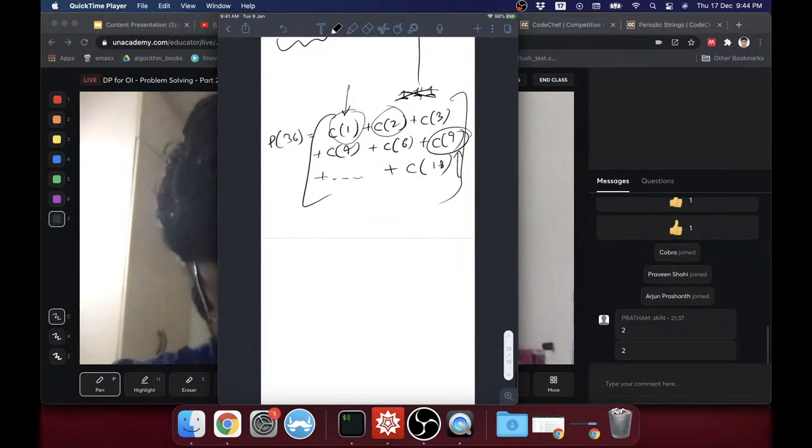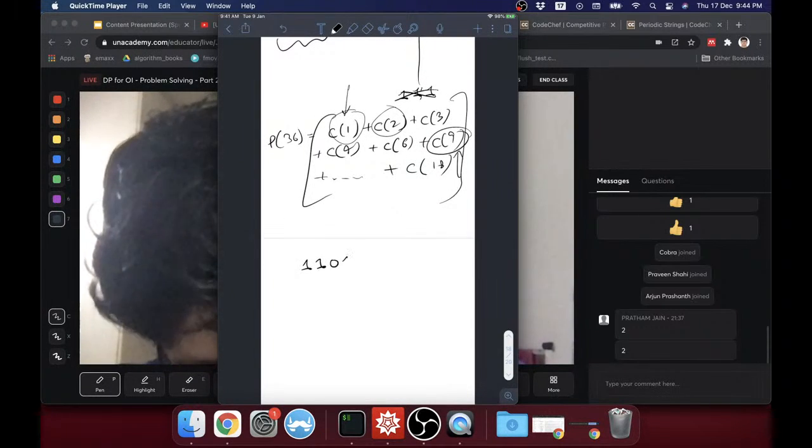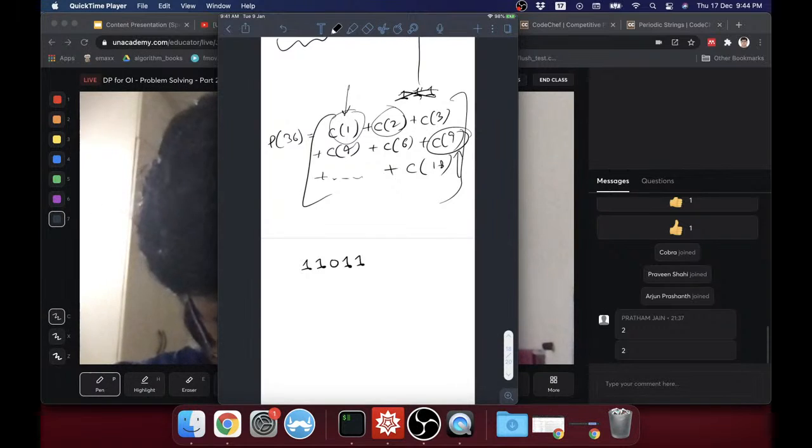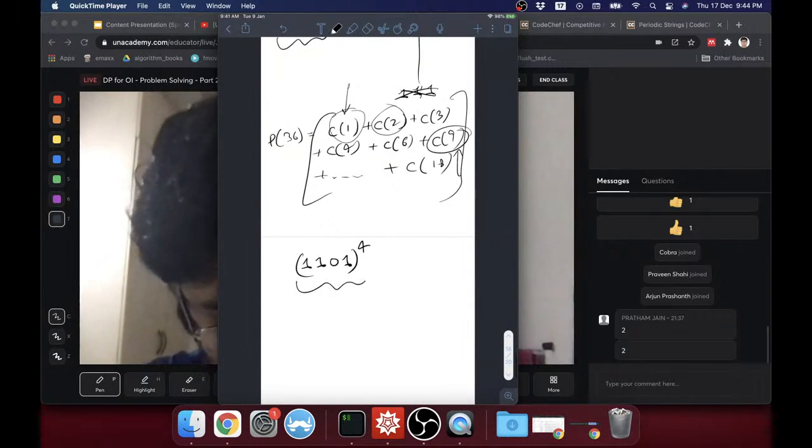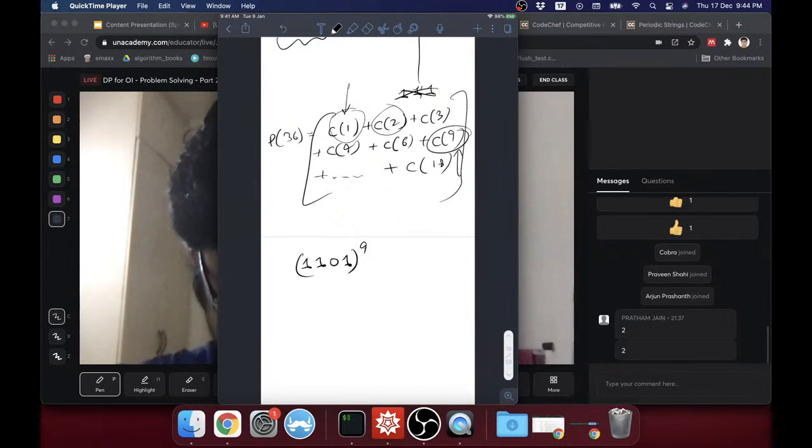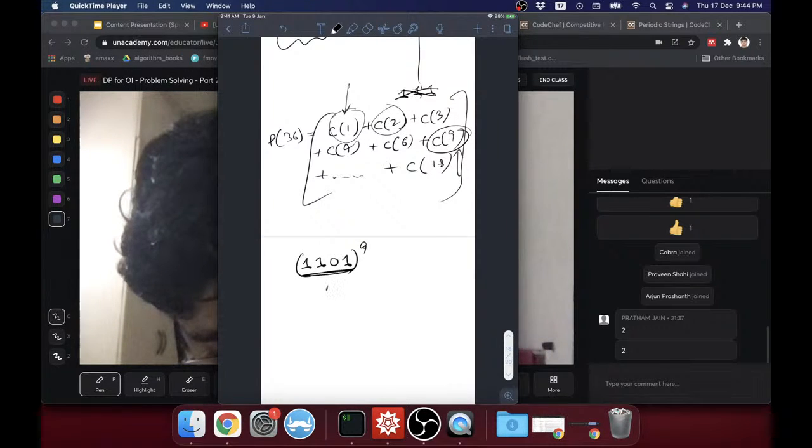For example, if we have this periodic string, this thing repeated 4 times, now this will be encountered repeated 9 times. This will be encountered like this. That's one way to see it, that a 4 length string repeated 9 times.